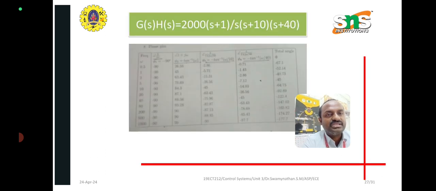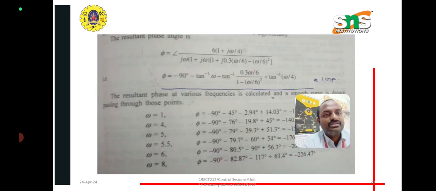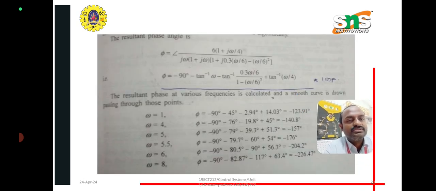And next, G of s and H of s. Based on these functions, you can take different omega values for different angle levels, and make the phase angle and magnitude for the different values, and to find the total angle you can get the phase value from the factors, the corner frequencies, the different functions of phase angle and magnitude, and the asymptotic logarithmic plot. So look at this, phi is nothing but the phase angle.